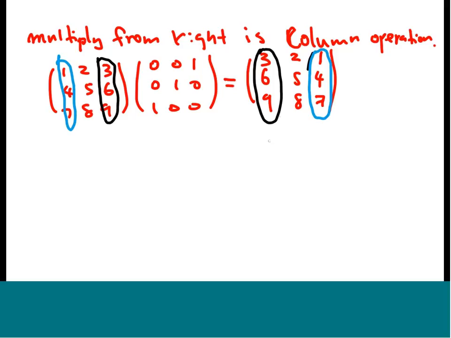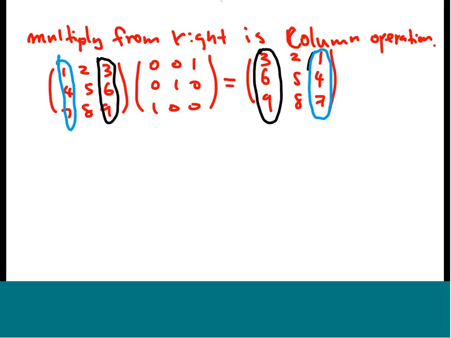That's all. I didn't really talk about the row operation. Basically, you have the transpose. Transpose essentially translates rows to columns and columns to rows.